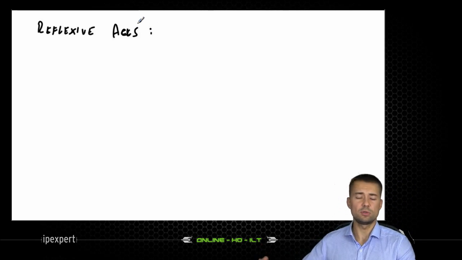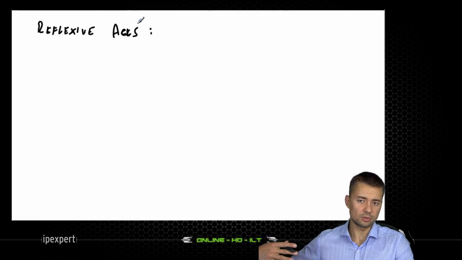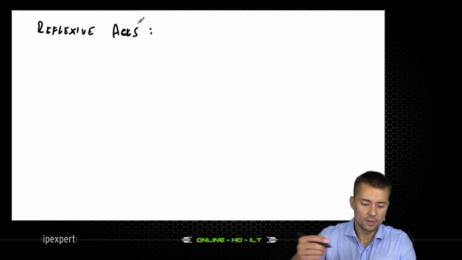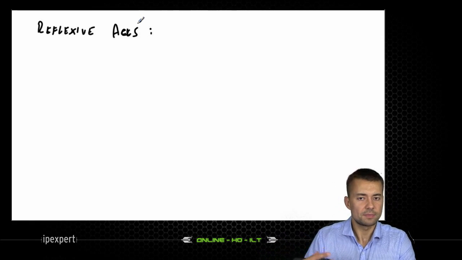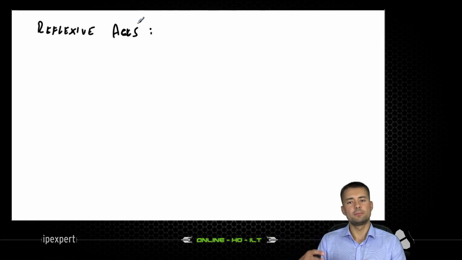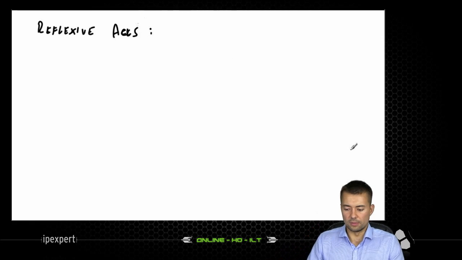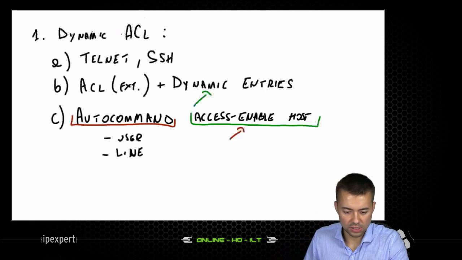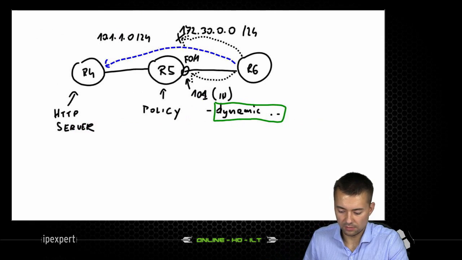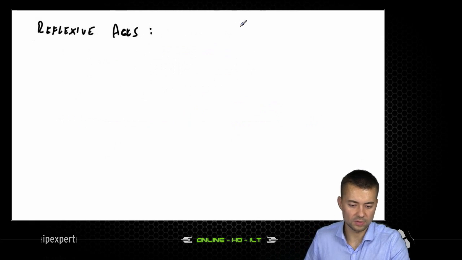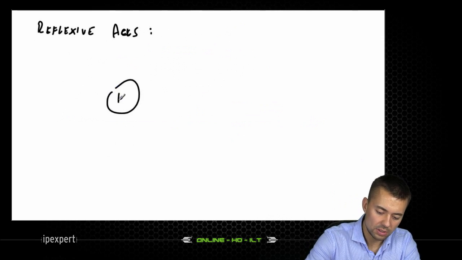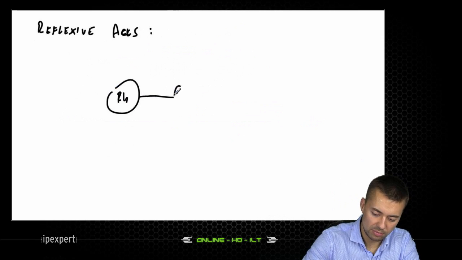I want to allow them to go out, but I want to block all external connections. The way it works is that it tracks the outgoing upper layer session information, outgoing connections. So if we go back to our topology, actually let's go back to this slide over here. Let me quickly redraw this topology here.